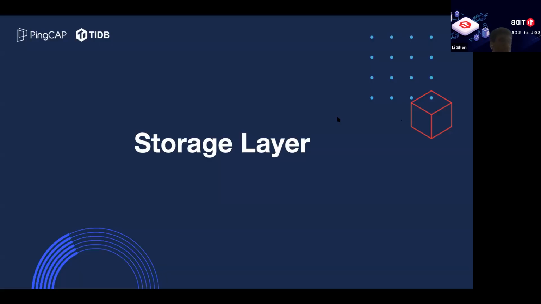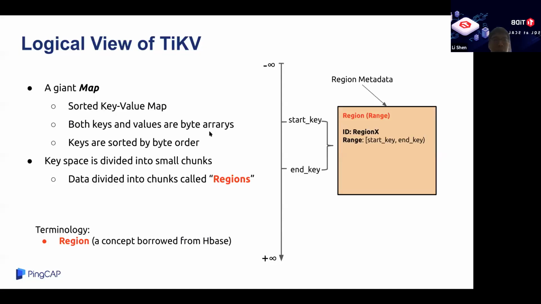Let's dive into each layer. The first is the storage layer. Logically, you can think of TiKV as a big key value map. The keys are sorted by byte order. We split the key space into small chunks, and we name each chunk a region.